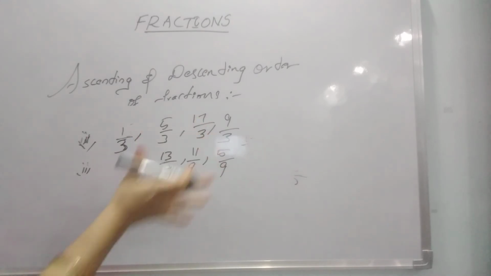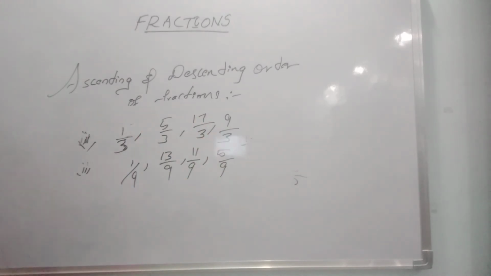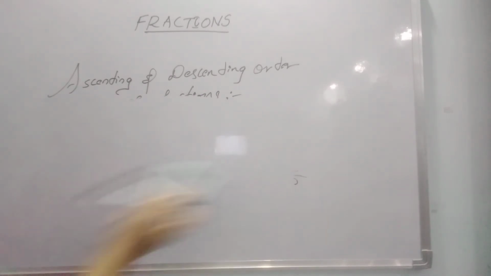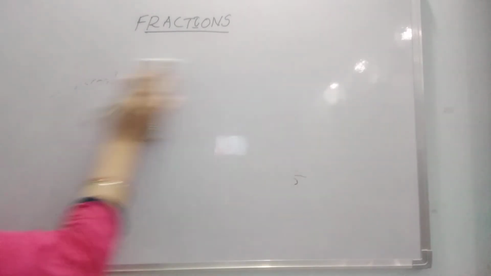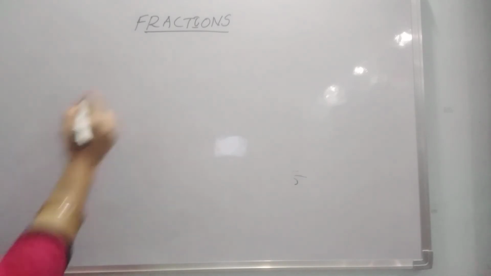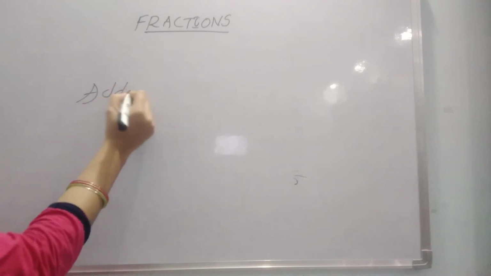These both are like fractions, so it's very easy to convert to ascending and descending. How can you change? We can change unlike into like, then we can write ascending and descending. It's very easy.